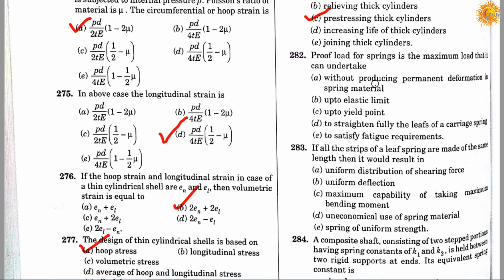Okay. Question number 282. Proof load for springs is the maximum load that it can undertake: option A, without producing permanent deformation in spring material; option B, up to elastic limit; option C, up to yield point; option D, to straighten fully the leaf of a carriage spring; option E, to satisfy the fatigue requirements.